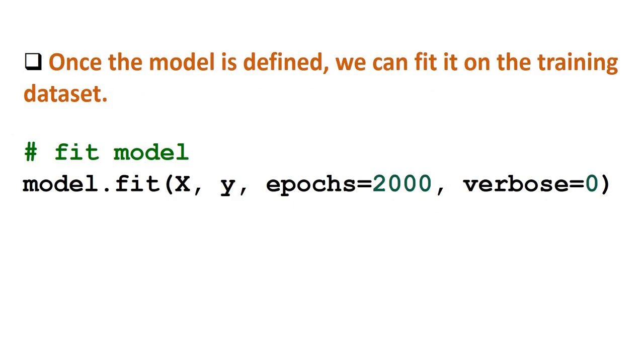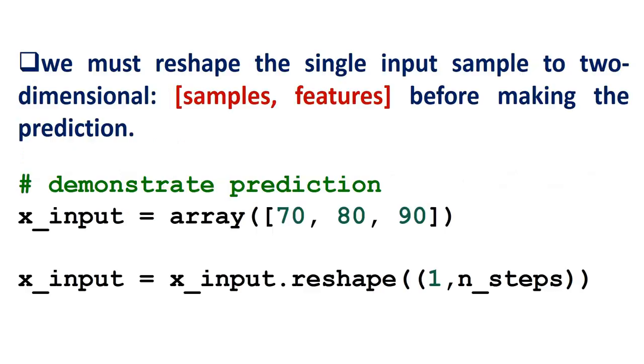Now the training starts. We consider epochs of 2000. Then the model will be fit with minimum errors. Now we must reshape the single input sample to 2-dimensional. This is an important step for making the prediction.